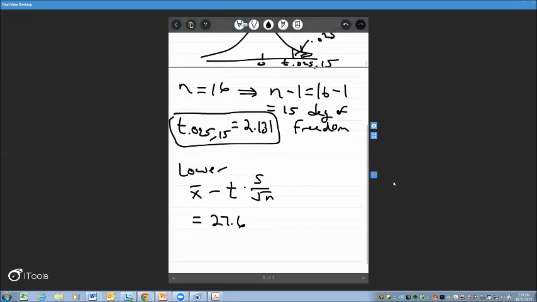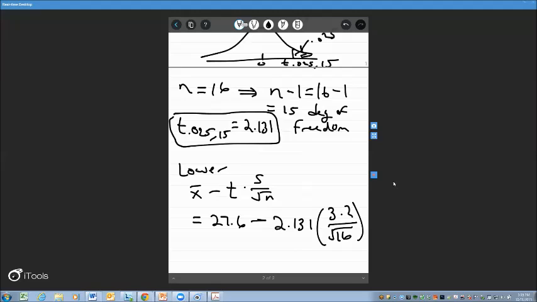So we're going to do 27.6 minus 2.131 times 3.2 over the square root of 16.